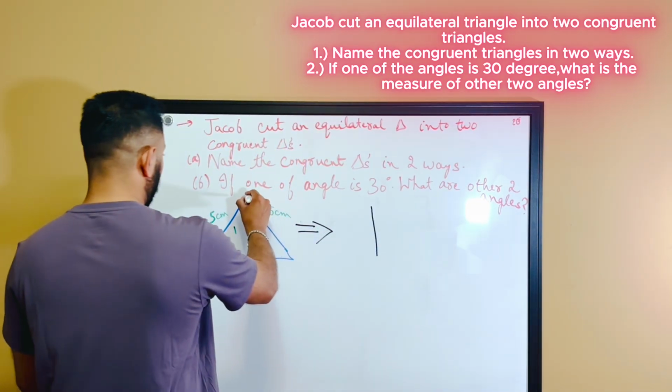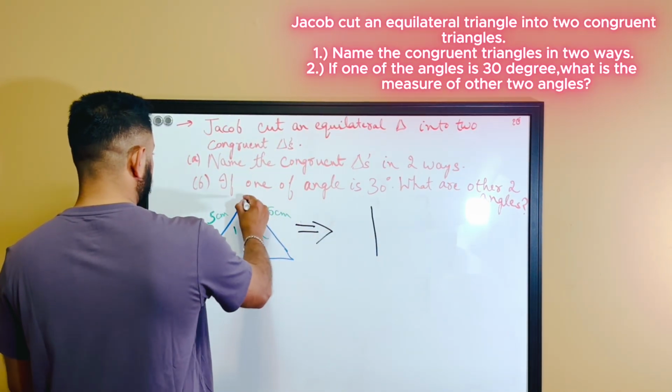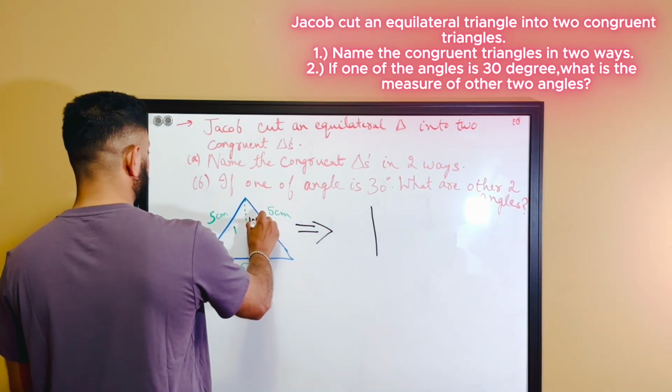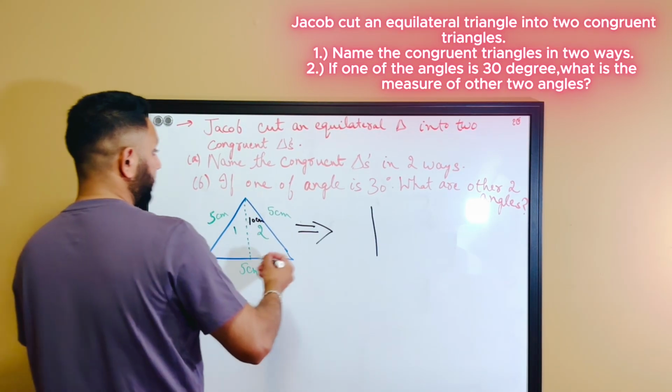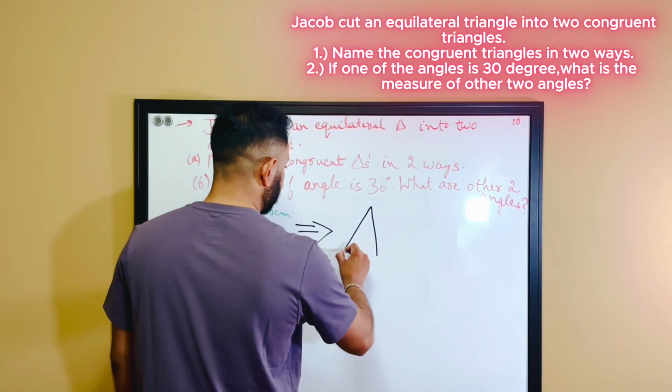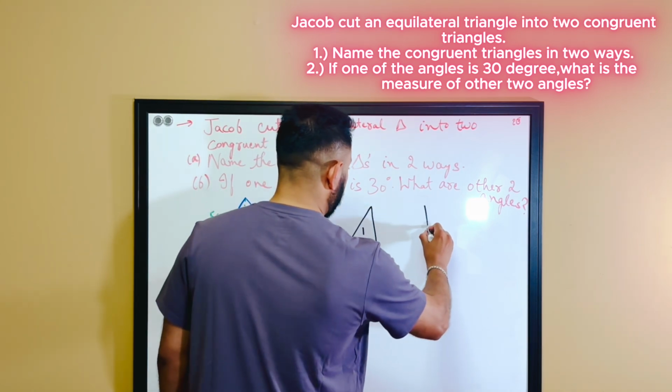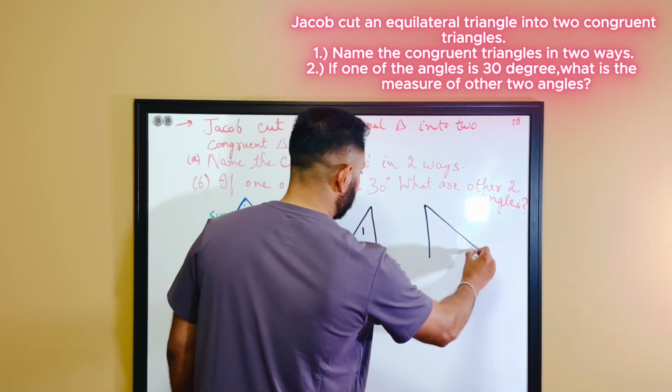And also suppose this middle line is 10 centimeter, like the middle side. This is the first congruent triangle and this is the second one.